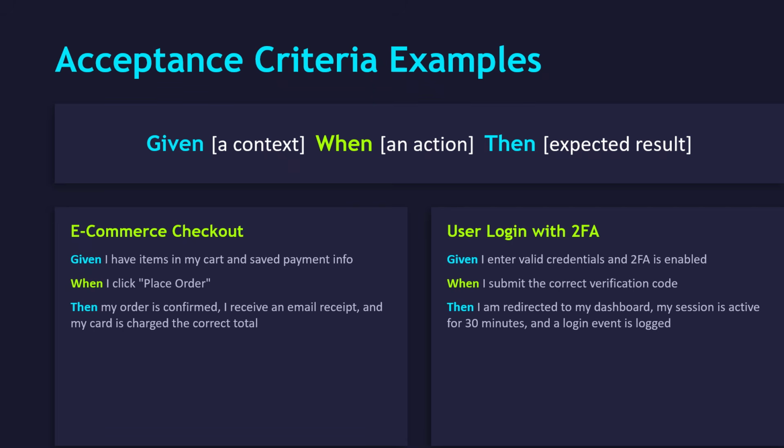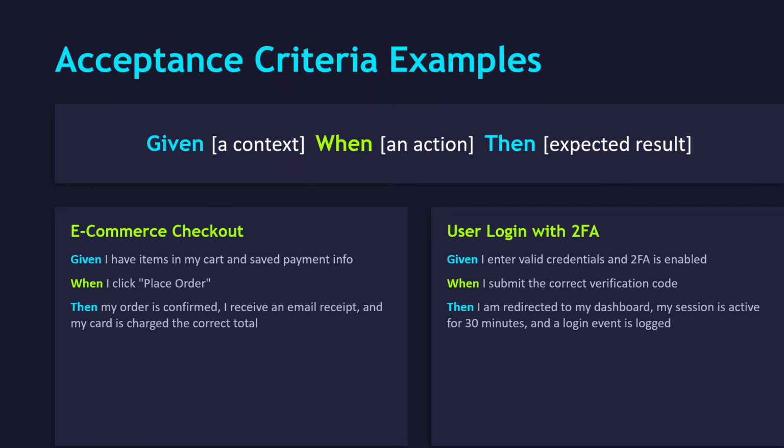Here are two examples. Number one, for an e-commerce checkout. Given I have items in my cart and saved payment info, when I click place order, then my order confirms, I get an email receipt, and my card is charged correctly.